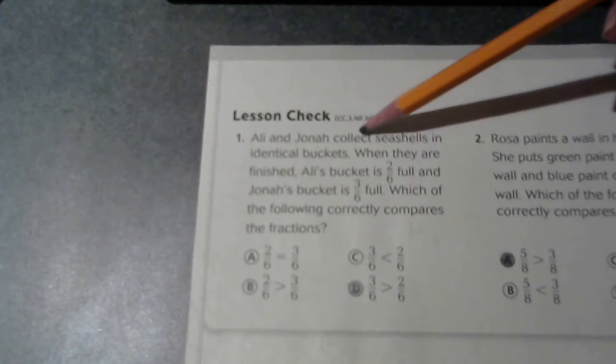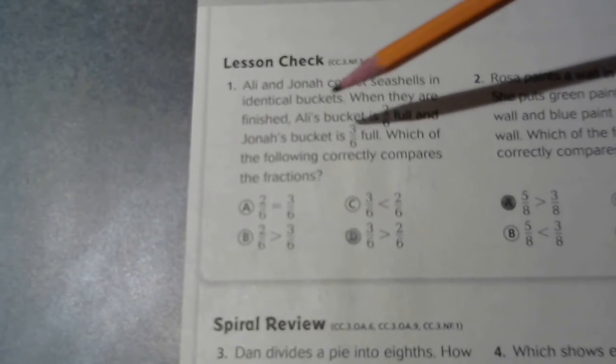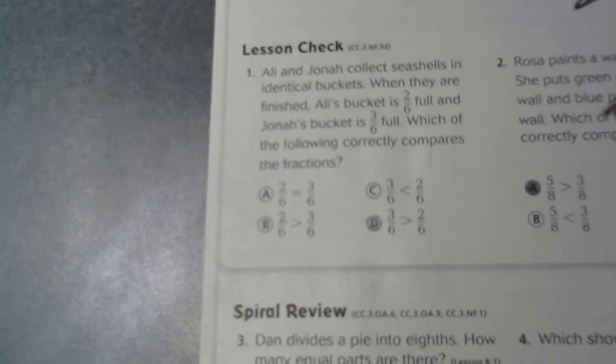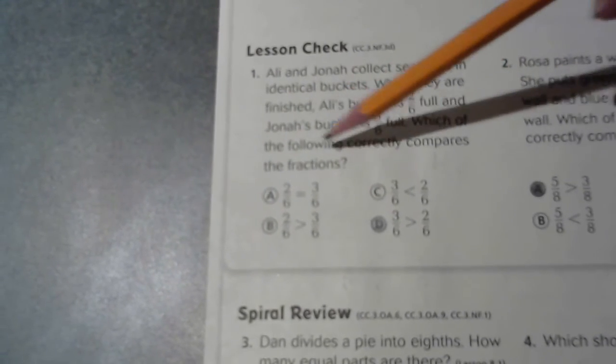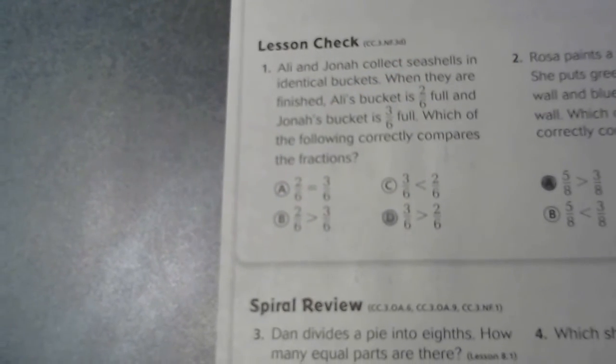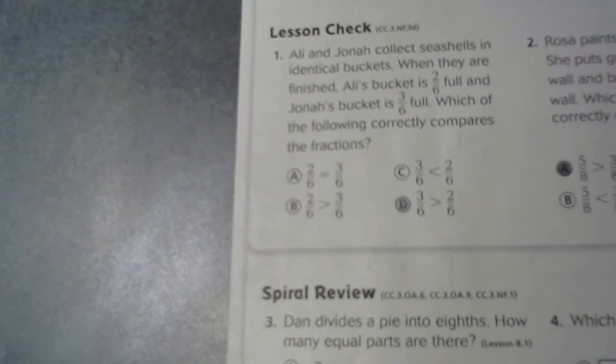Allie and Jonah collect seashells in identical buckets. When they are finished, Allie's bucket is 2/6 full, and Jonah's bucket is 3/6 full. Which of the following correctly compares the fractions? 3/6 is greater than 2/6.